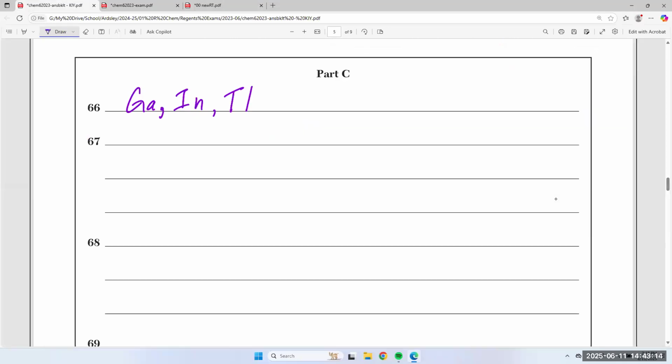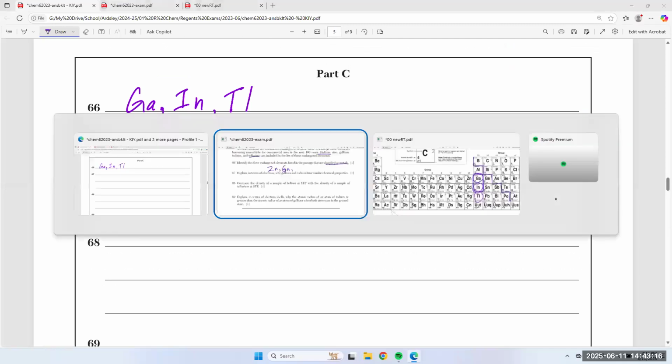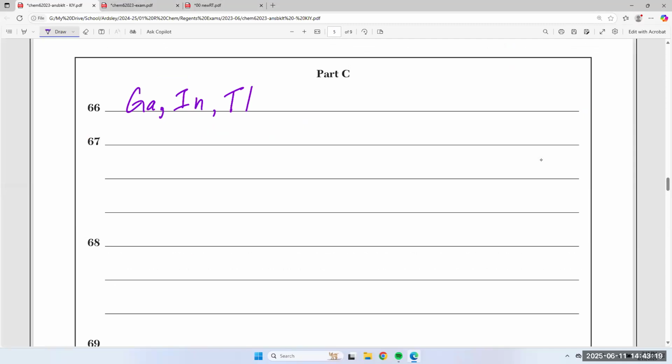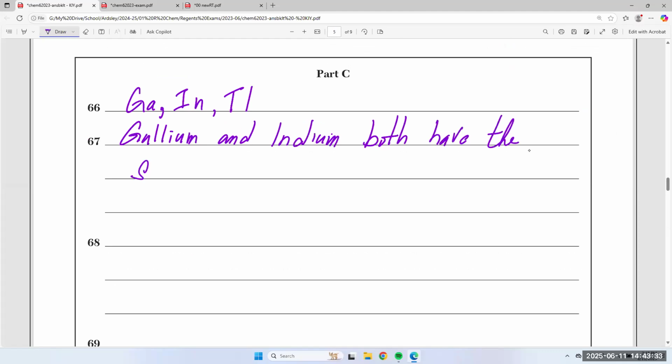Gallium and indium both have the same number of, be careful, not electrons, it's valence electrons. Their total electrons differ.